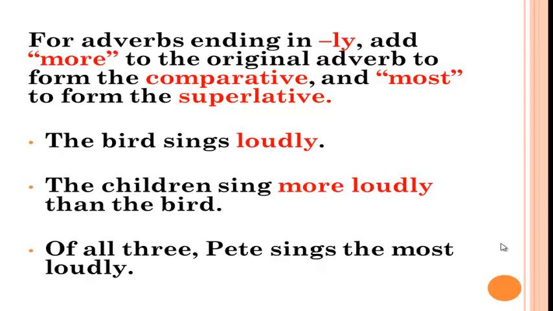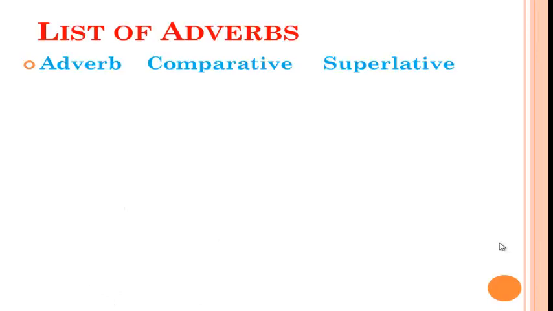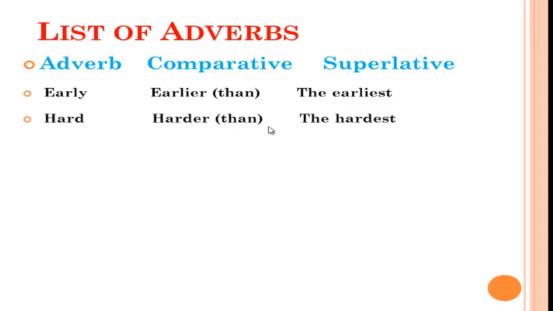Here we have some of the adverbs and we will see the form of the comparative and the superlative. Early, earlier than, the earliest. Hard, harder than, the hardest. We said before that we use the comparative form to compare two things, and we use the superlative to compare more than two.